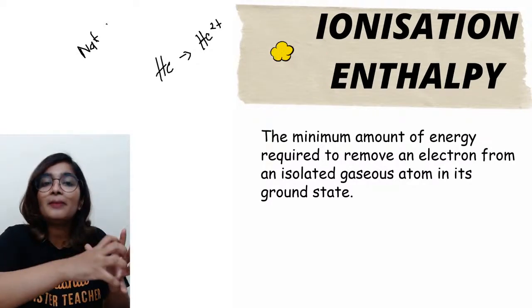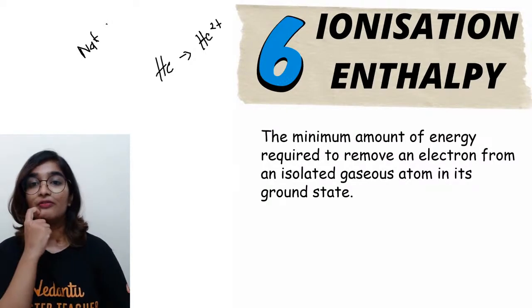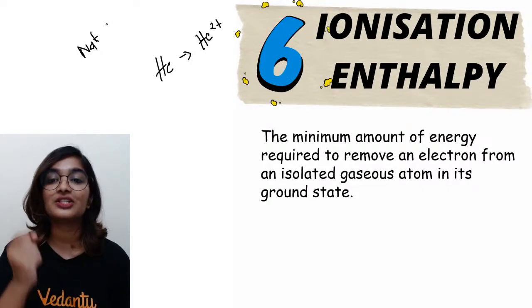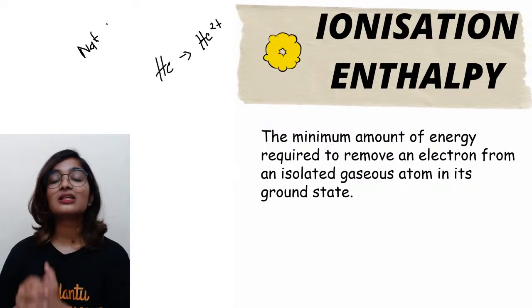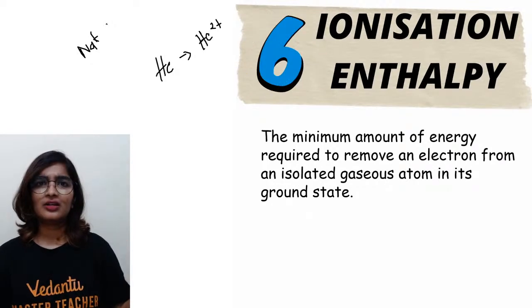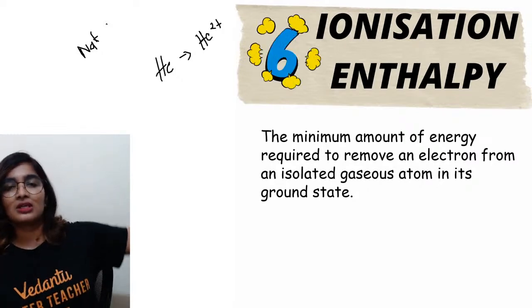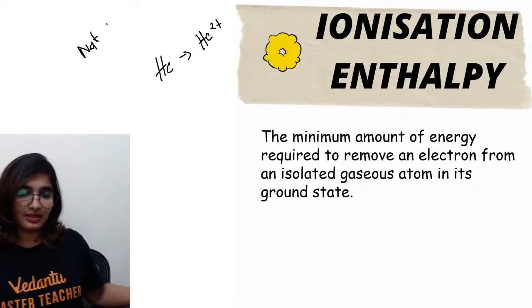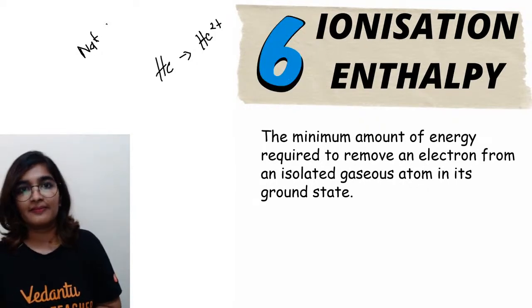The minimum amount of energy required to remove an electron from an isolated gaseous atom in its ground state. So that is ionization enthalpy. It is the same everywhere. Like in a tug of war, if you want to pull the other team towards the borderline, you are applying energy, right?